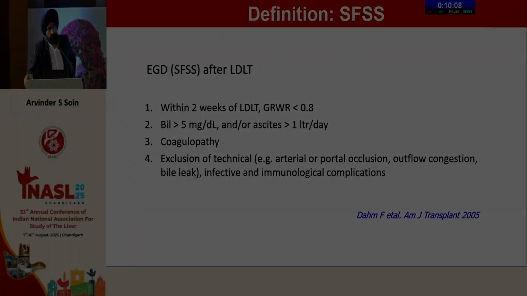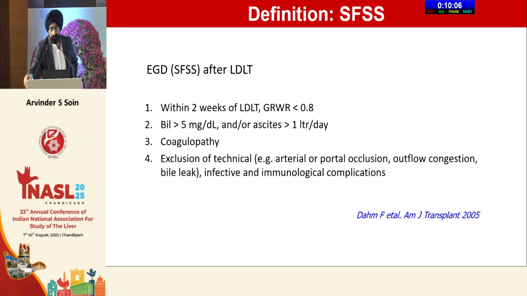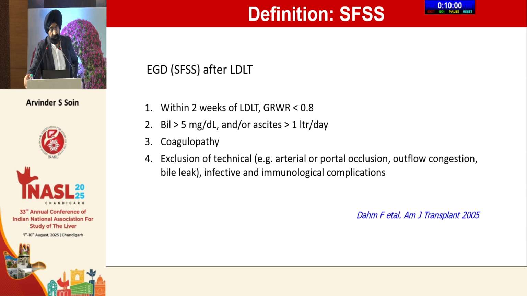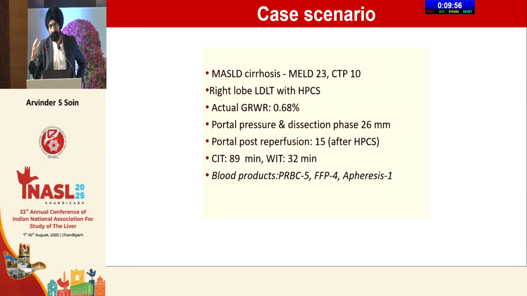Coagulopathy, and of course, you have to exclude technical causes like vascular occlusion, outflow congestion, biliary complications, infective and immunological complications. So just keep these definitions in mind because these are the definitions around which we, even now, after 10 to 15 years after they were given, work.